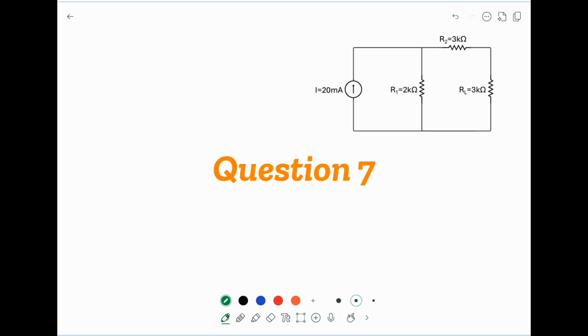In this question, we are going to find the Norton equivalent circuit on RL, the load resistor. Norton equivalent circuit is different from the Thevenin equivalent circuit. In the Norton equivalent circuit, instead of the voltage, we use a current source.